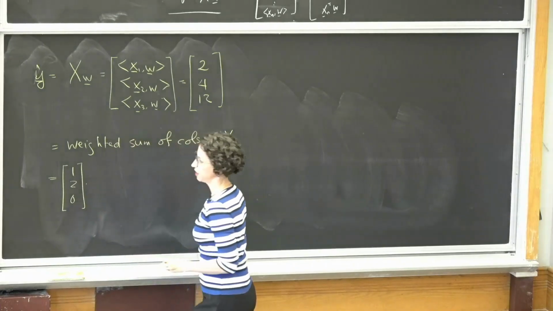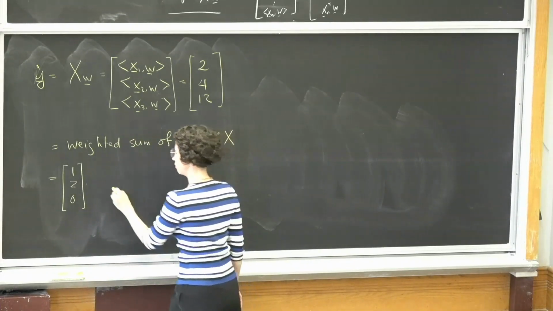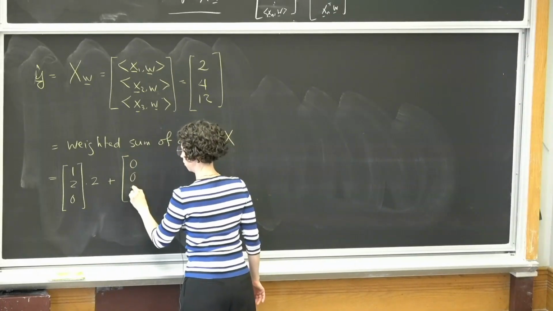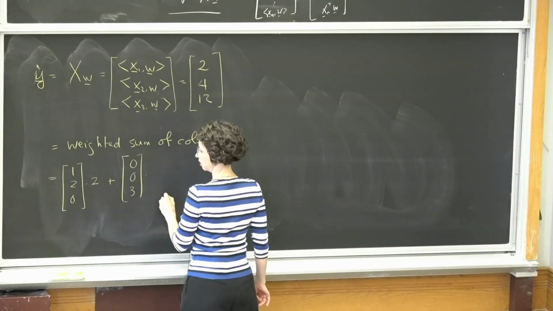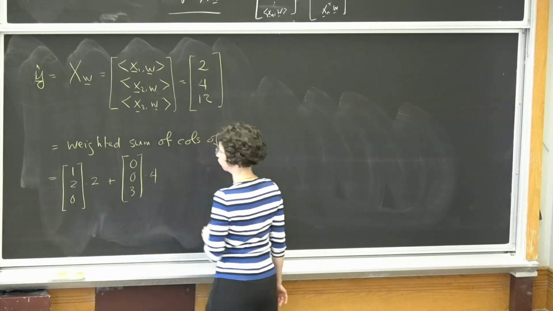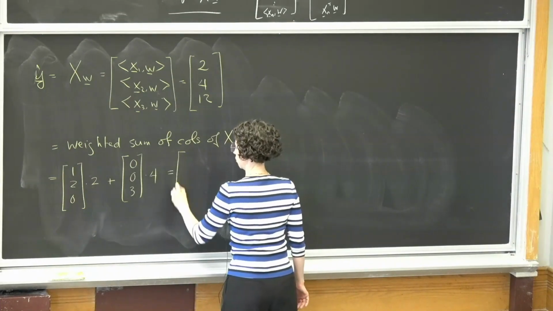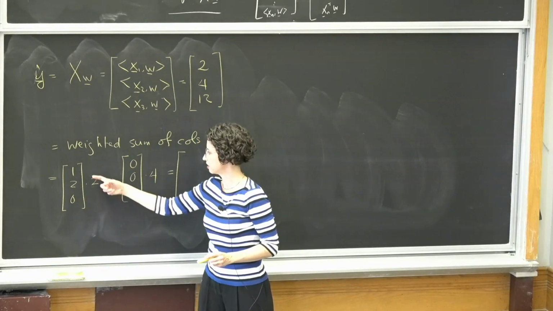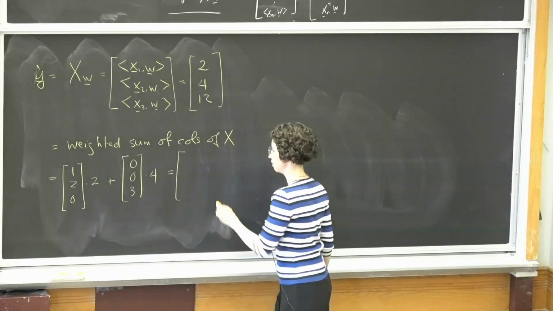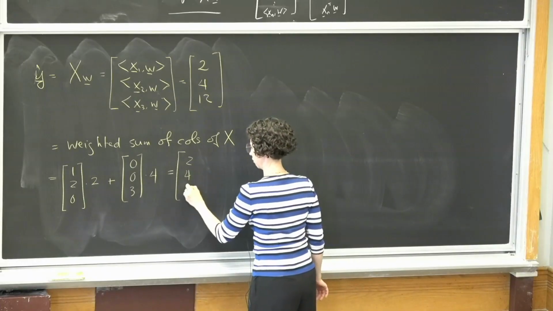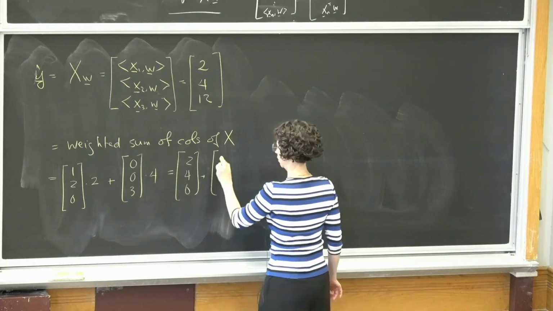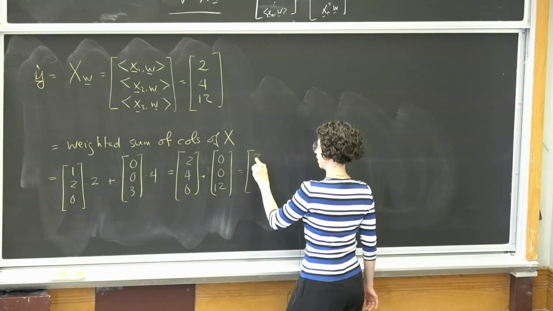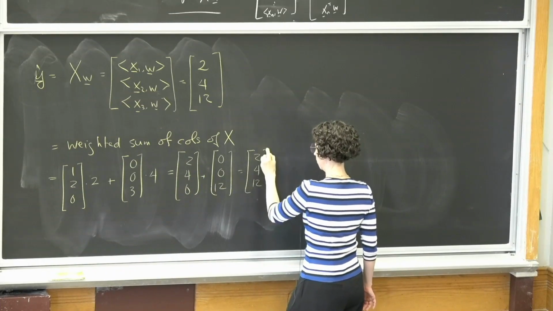And I'm going to multiply that column by my first weight, which is 2. And then I've got my second column, 0, 0, 3. And I'm going to multiply that times my second weight, which is 4. And so when I'm multiplying a vector times a scalar, I just multiply that scalar times each entry in the vector. So I get 2, 4, and 0. And then I get 0, 0, and 12. And when I add these together, I get 2, 4, and 12.